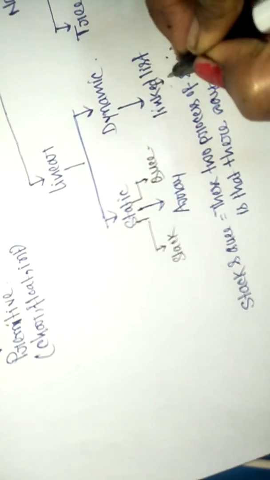But actually, this stack and queue may come under both static and linked list, which means each is also divided into stack and queue, and each stack and queue may also be in a linked list.